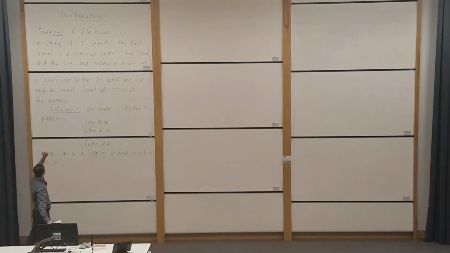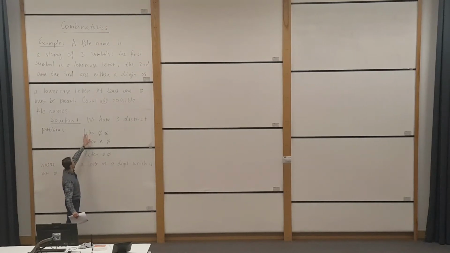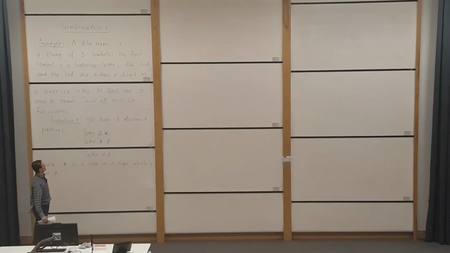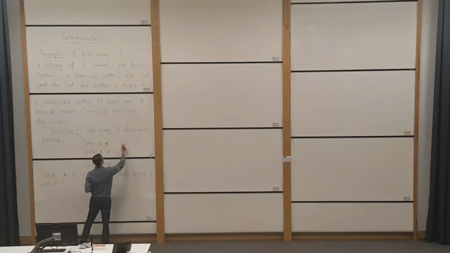Right? We'll separately count all the file names of the first type, then separately of the second type and of the third type, and then we'll add up those numbers. So here, for each position, we'll have distinct choices, so we'll multiply them through. So we have 26 letters, right?